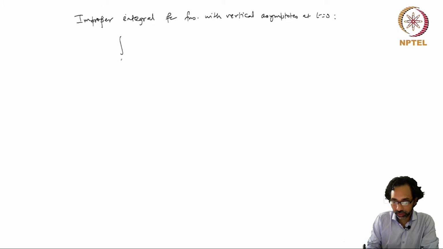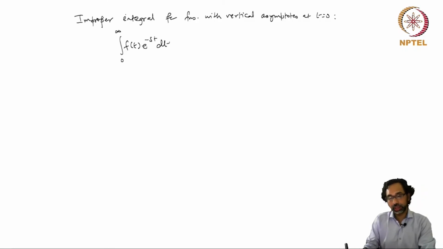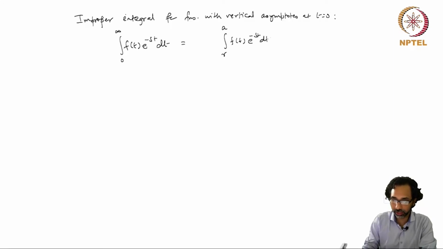So in this case, the Laplace transform integral of f(t) e to the power minus st dt has to be divided in two parts. The first part is from r to some point a, f(t) e to the power minus st dt, and the second one is from a to capital R, f(t) e to the power minus st dt.